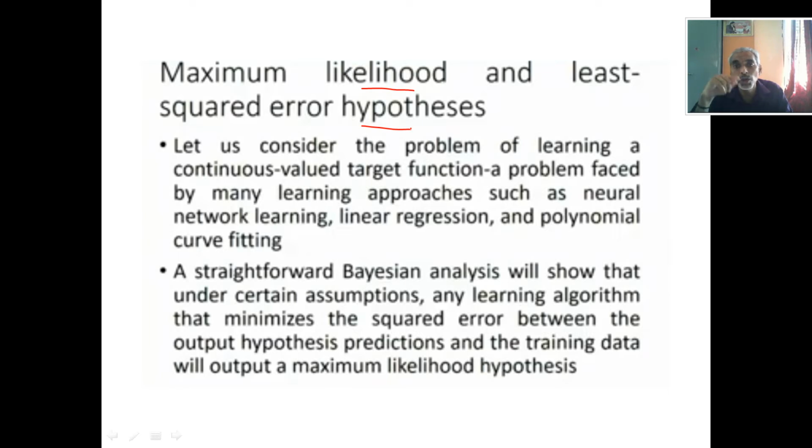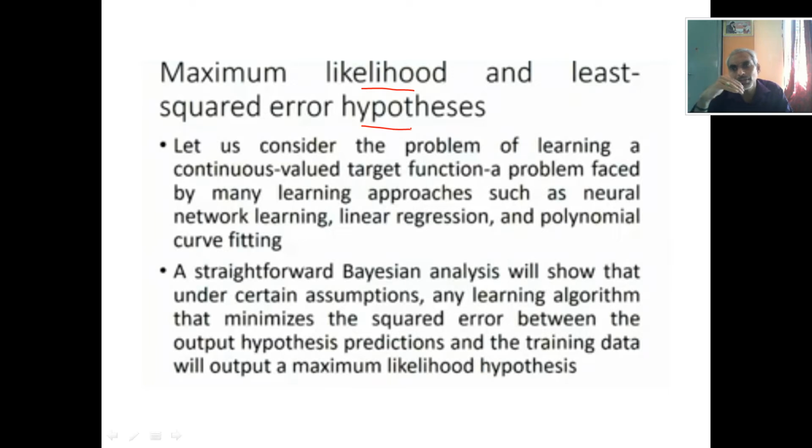Now if you consider problems such as continuous valued target functions, when your target function is continuous, like predicting the share market, the stock market or housing prices, these are all examples of a continuous valued target function. Or take problems faced by many learning algorithms, wherever you are using neural networks, linear regression, polynomial curve fitting.